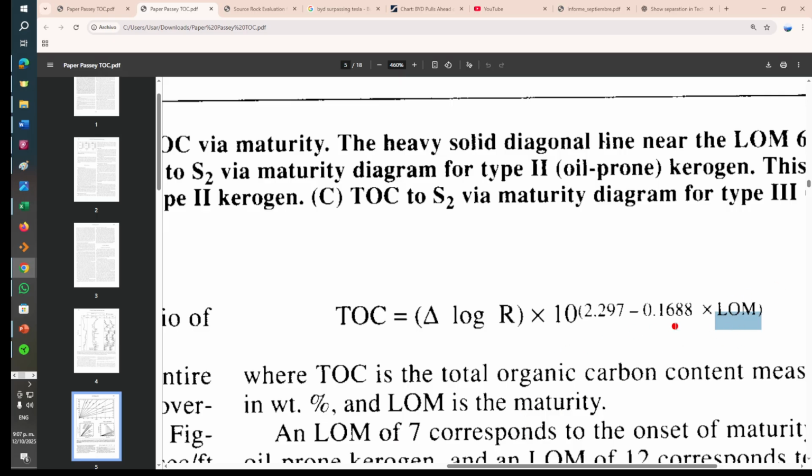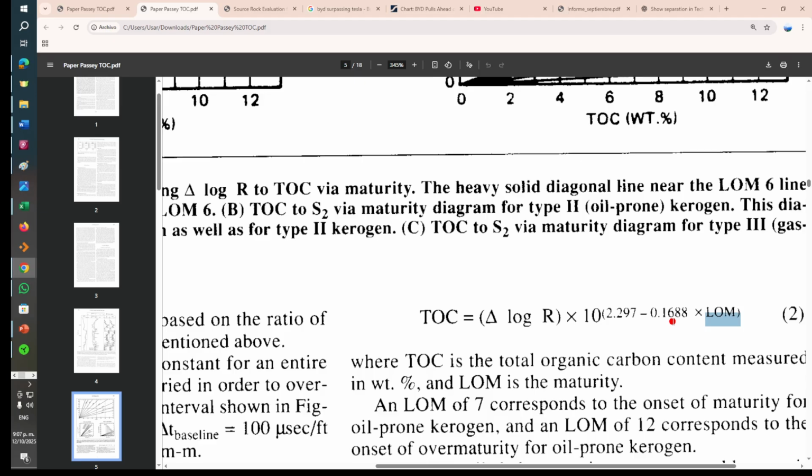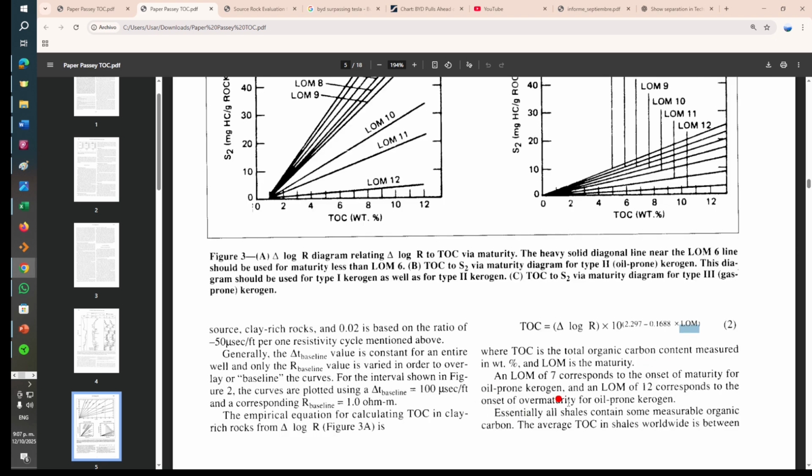So for that, you need to look for theoretical data, or if you have pyrolysis or core analysis data, you can look for the vitrinite reflectance. And there is a table to convert from. You need to find a table that converts vitrinite reflectance to LOM, and then you plug in that LOM, and if you have LOM and the separation distance, then you can calculate your TOC.